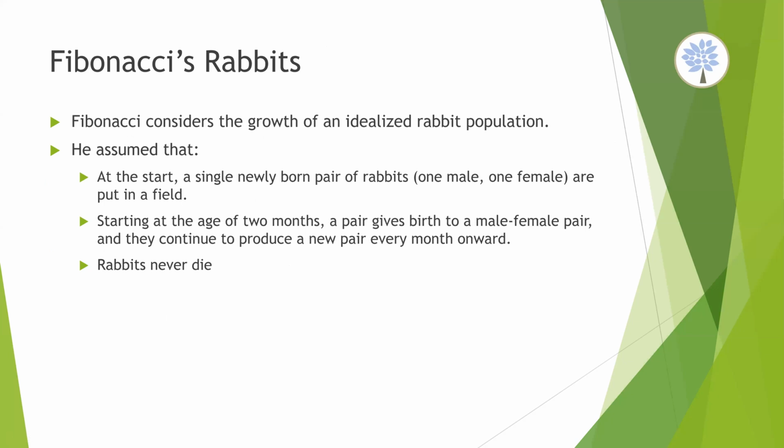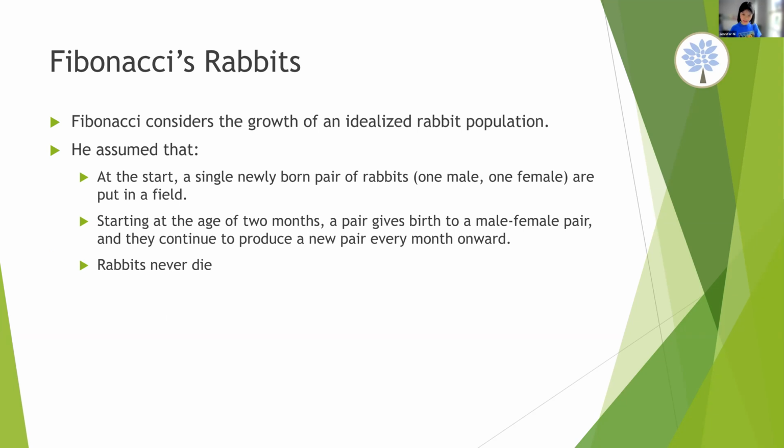In his hypothetical rabbit setting, Fibonacci considers the growth of an idealized rabbit population. He assumed that at the start, a single newly born pair of rabbits, one male, one female, are put in the field. Starting at the age of 2 months, they give birth to a male-female pair, and they continue to produce a new pair every month onward.